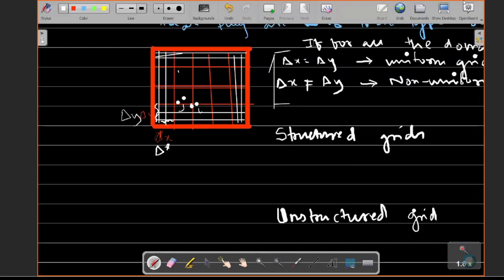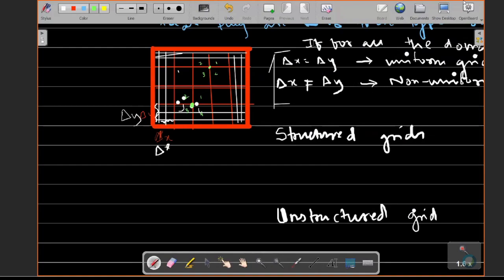So you see, there is a good structure. Structure in the sense, suppose you are considering this ij point, it has a fixed number of neighbors. How many neighbors are there? Number one, number two, number three, number four. If you pick any other point, it also has the same number of neighbors.